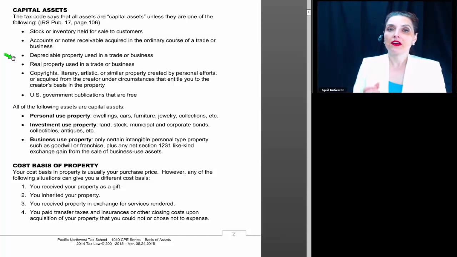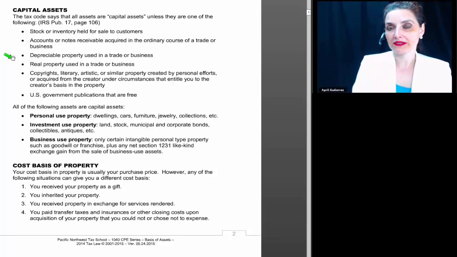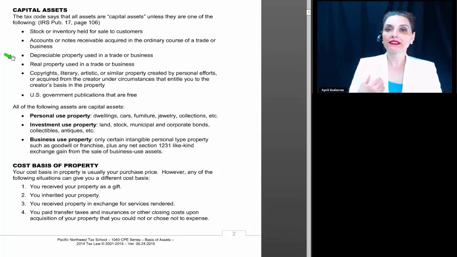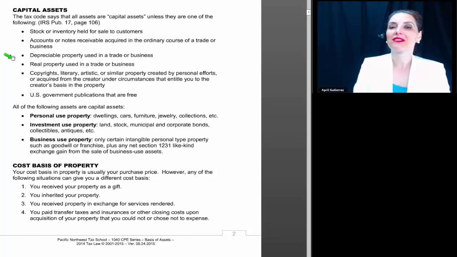So assets, the sale of which are reported on 4797, are typically referred to as assets that are not capital assets. But assets that are not capital assets can also include inventory, and you don't report the sale of inventory on a 4797. So there's more to learn than just that basic.